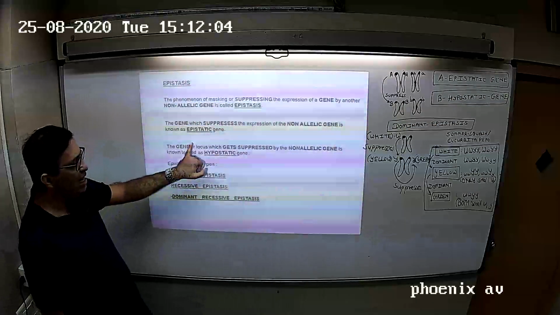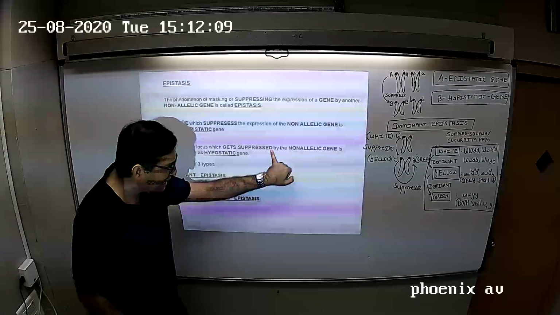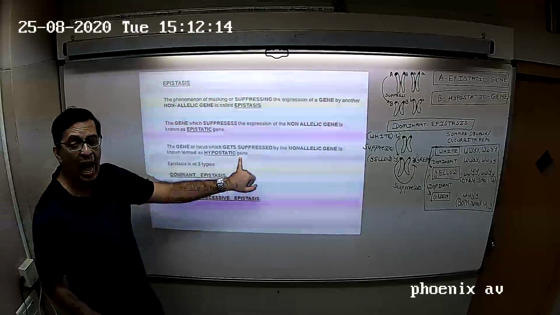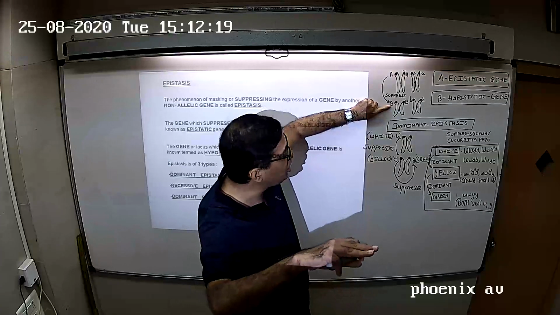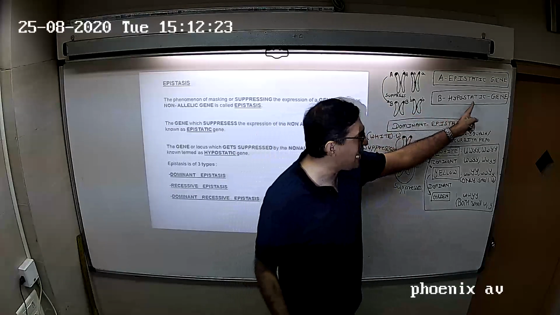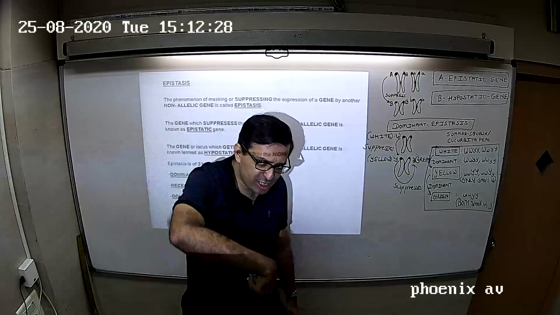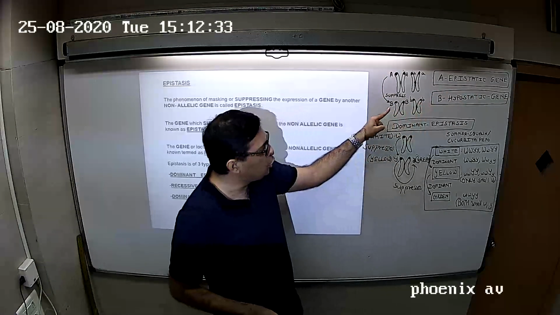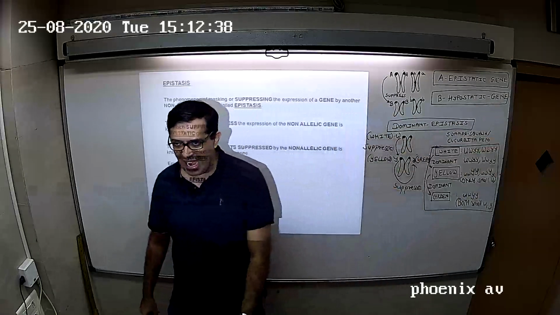And the gene which gets suppressed by the non-allelic gene is known as the hypostatic gene. So gene capital B, which gets suppressed by capital A, is called the hypostatic gene. So the gene which suppresses is called the epistatic gene, and the gene which gets suppressed is called the hypostatic gene.